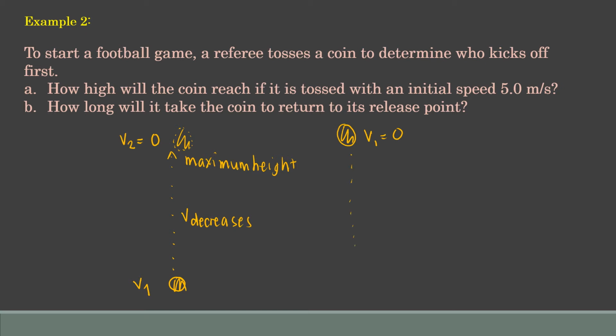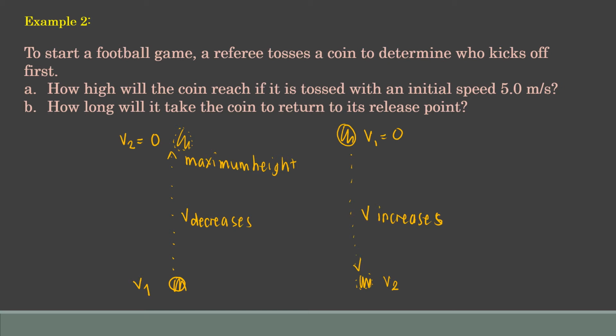And as it moves downward, instead of a decrease in velocity, it will now experience an increase in velocity, because gravity is pulling it down. The object will also be accelerating.